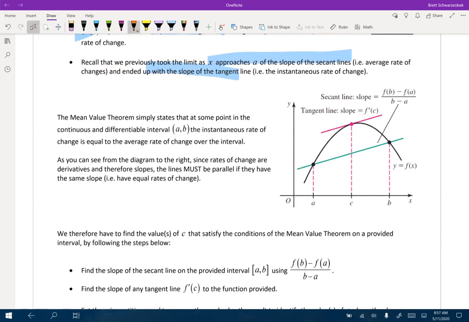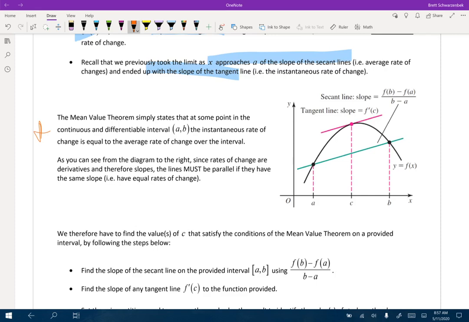So starting here, it says the mean value theorem simply states that at some point in the continuous and differentiable interval a to b, the instantaneous rate of change is equal to the average rate of change in the interval. As you can see from the diagram to the right, since rates of change are derivatives and therefore slopes, the lines must be parallel if they have the same slope.